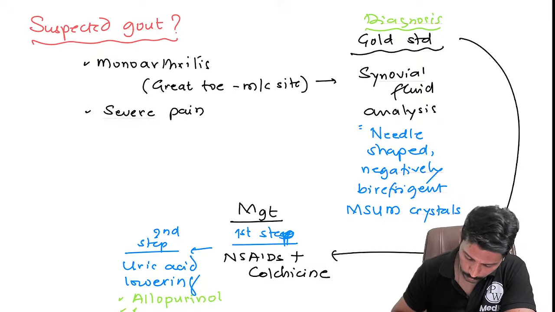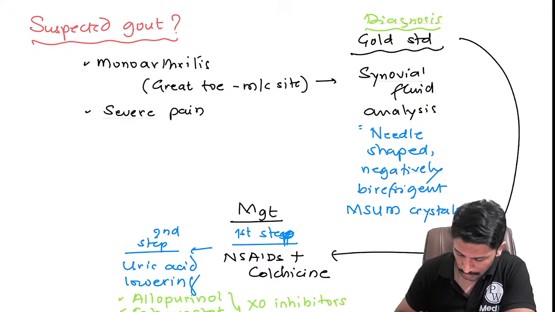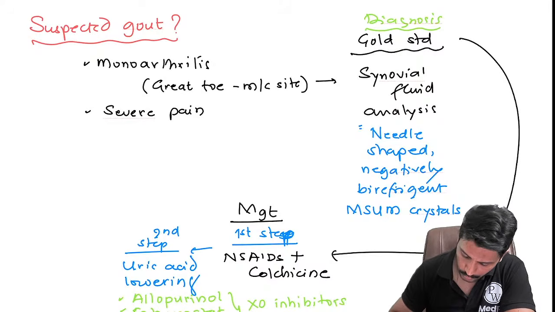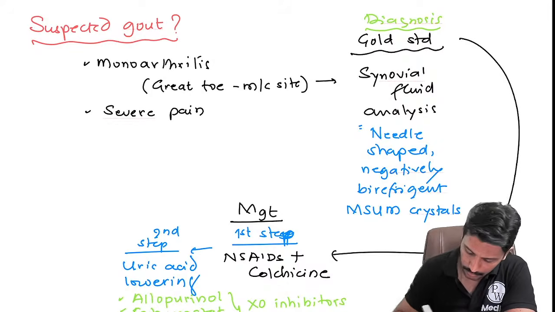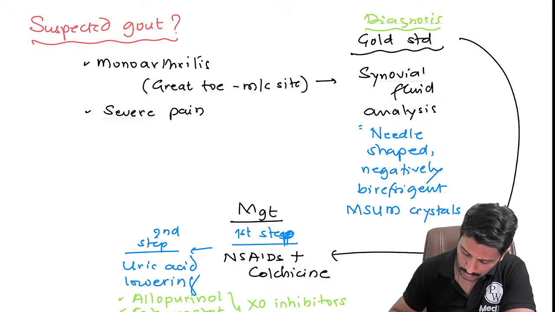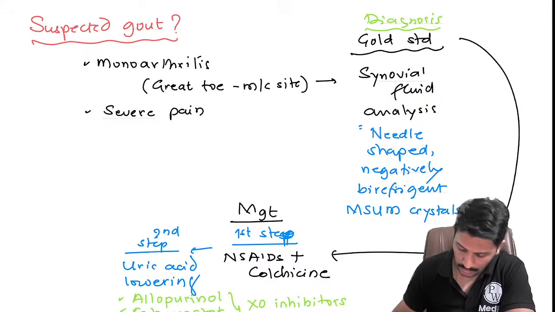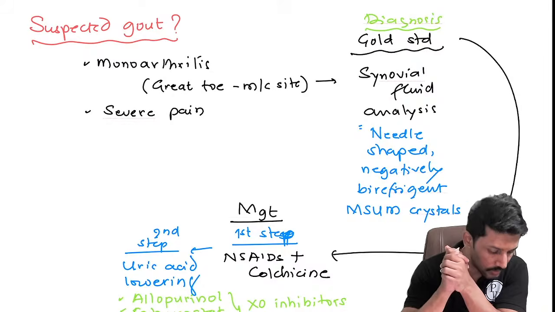Allopurinol or febuxostat, which are basically xanthine oxidase inhibitors, or you can use probenecid. And remember, probenecid is a uricosuric agent. It increases the excretion of uric acid by the kidney.